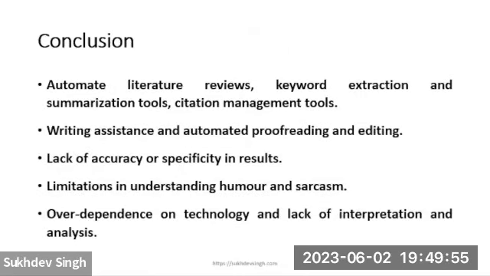So to conclude our lecture, these tools can automate literature review, and this is the portion which will eat up maximum time of your research, because as such the research itself is the extension of existing knowledge.